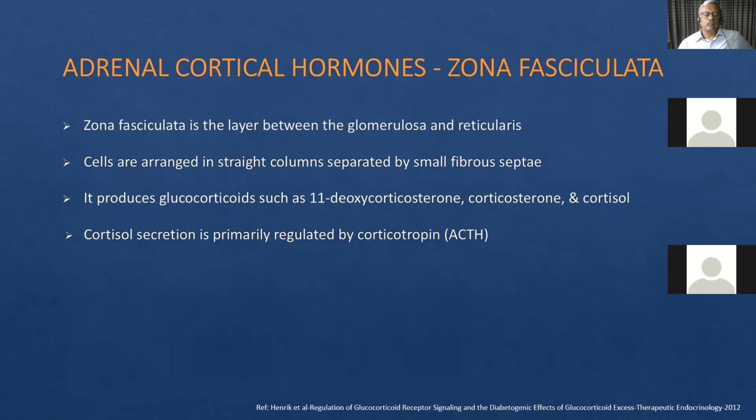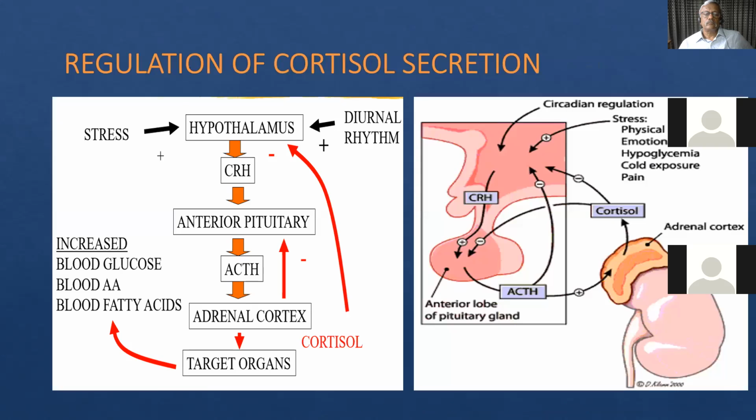The zona fasciculata, which lies between the zona glomerulosa and reticularis, produces glucocorticoids like cortisol and corticosterone, and its secretion is principally regulated by corticotropin. During stressful conditions, either physical or emotional stress, the hypothalamus is stimulated and produces corticotropin releasing hormone, which acts on the anterior pituitary to secrete adrenocorticotropic hormone.